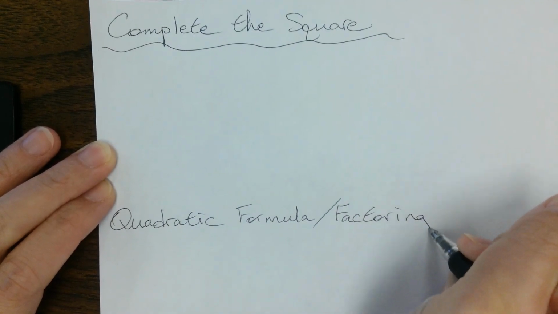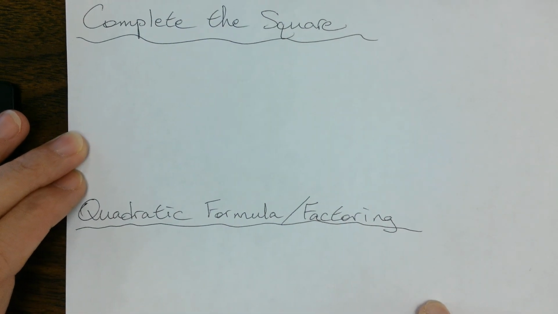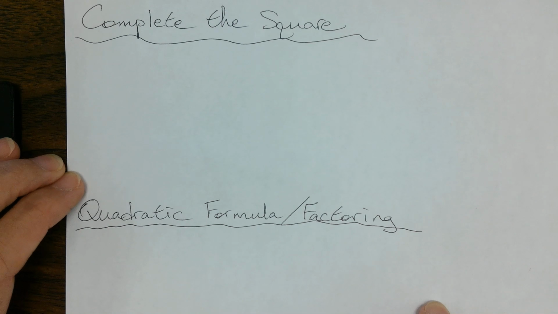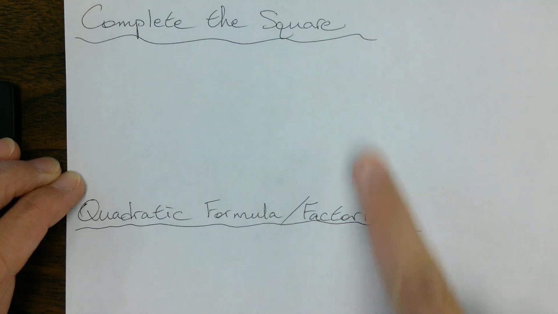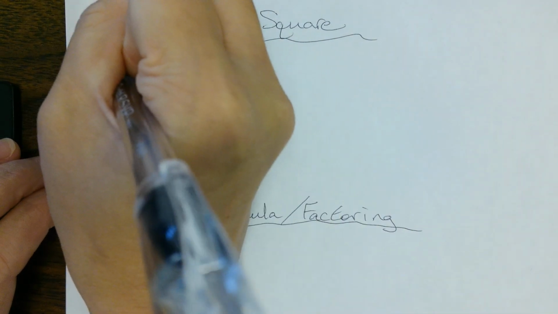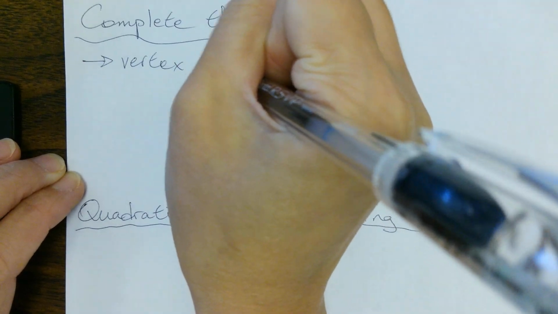When do we use which? All right. So if I give you an equation in standard form and I ask you to rewrite it in vertex form, which one is that? Write an equation in vertex form. Yep. Complete the square. So if the question asks you to write in vertex form, you know you're doing complete the square.